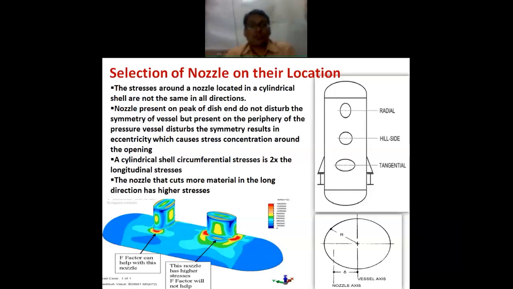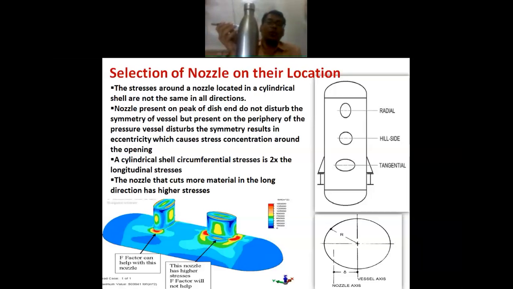A nozzle present on the peak of a dish end does not disturb the symmetry of the vessel. Now this bottle that is there, its nozzle is in symmetry. If I attach a pipe on this side, its symmetry will be disturbed.